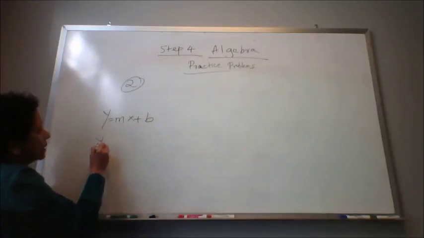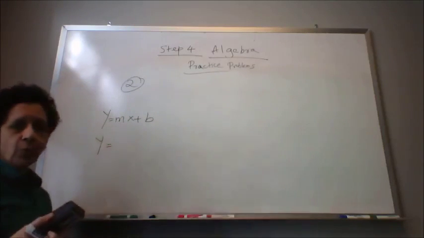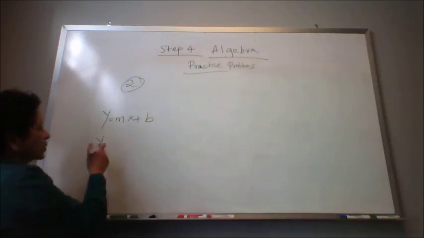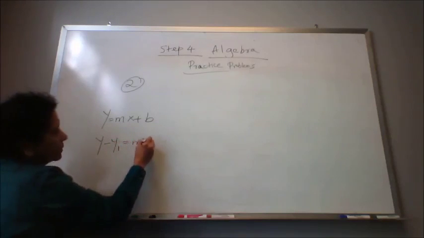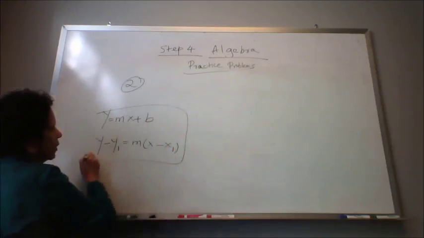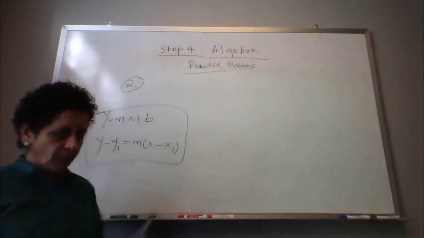The other form is for when we know the slope and a point: y minus y1 equals m times x minus x1. These are the two different forms of equations of a line we did before.